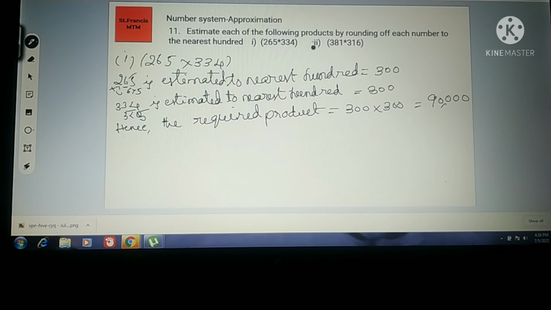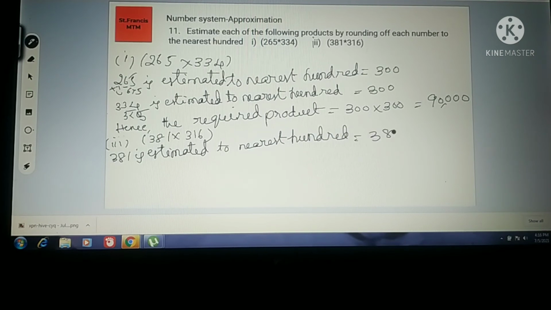Okay, 90,000. Now see the next one. This is the third one here. What is that one? 381 into 316. 381 is estimated to the nearest 100.